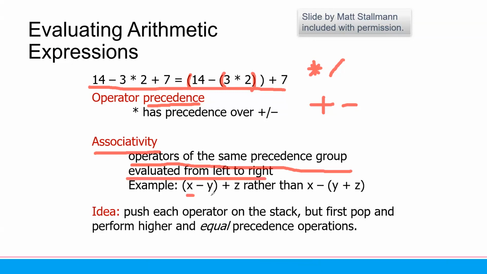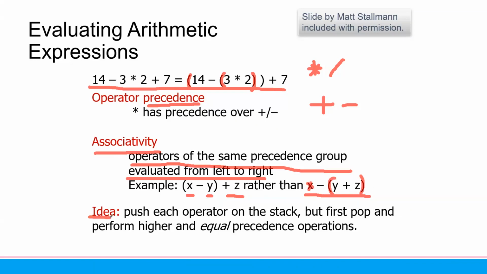If we have x minus y plus z, this one will be evaluated from left to right because that is the sequence of the programming language. If you use parentheses, then of course they take priority first. So y plus z will be first, and then we will do the minus with x.